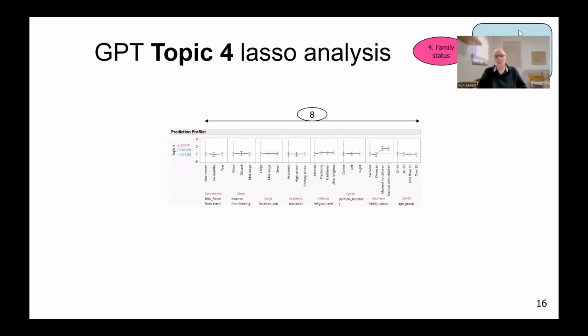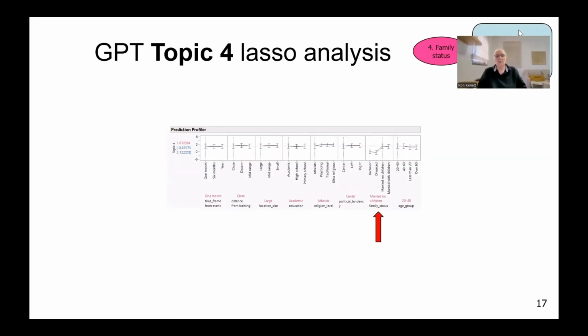Between bachelor and divorced, we didn't see any difference, which was a bit surprising. And between married with children and without children, we didn't see differences. So this was a curious insight that the domain experts continued to debate, and that eventually had a sort of surprise effect on their understanding.